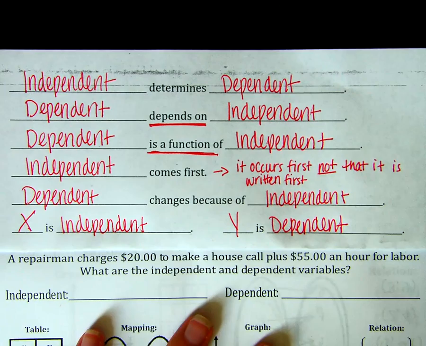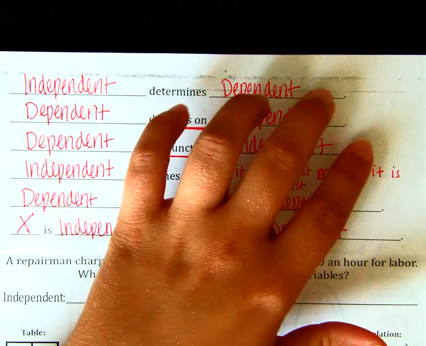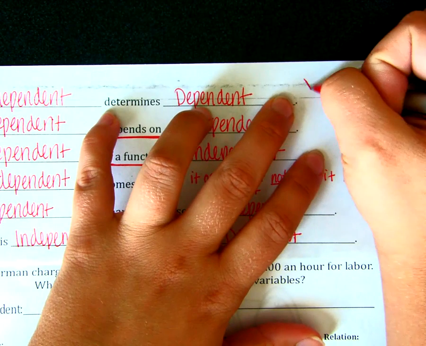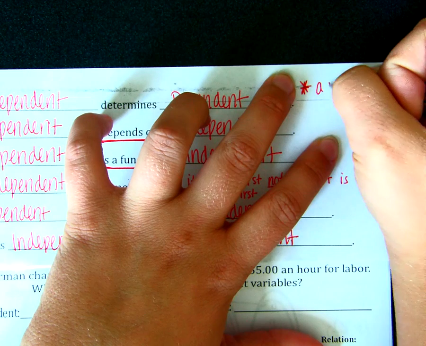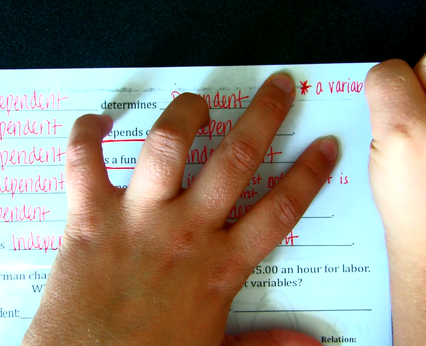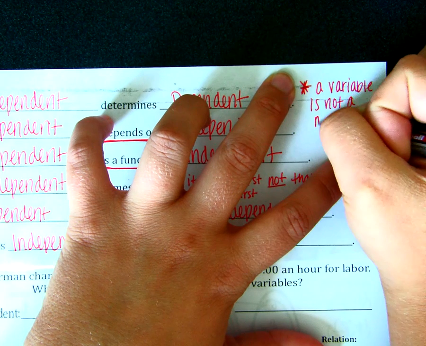Now, it was not written down there. We thought about this after we created these notes. But over here to the side in the corner, I want you to put a little asterisk and write: a variable is not a number.